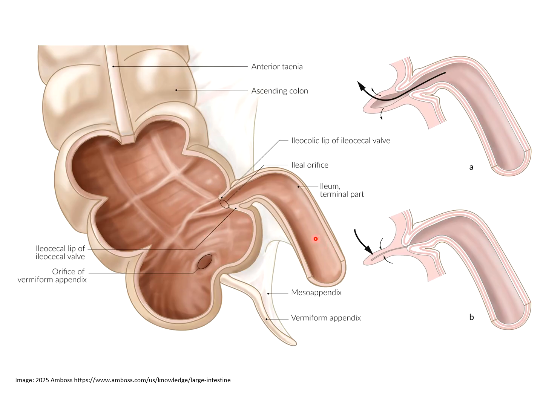And you can see that food could pass through and go in, filling in this area right here. That would be the pouch-like structure called the cecum. And as this begins to fill up, it will pinch this ileocecal valve shut, preventing food from going from the large intestines backwards into the small intestines.